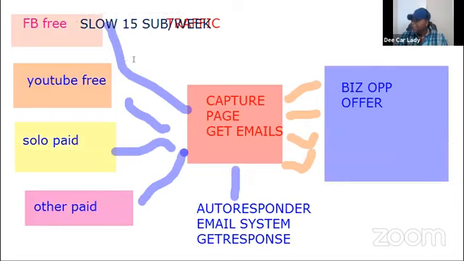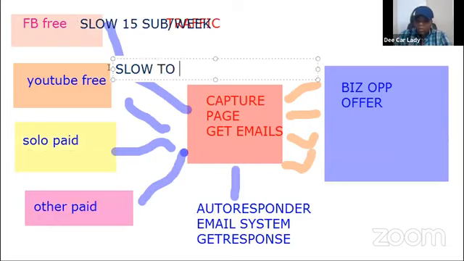Then let's say over here, you have your YouTube free traffic. Now YouTube traffic, even though it's free, comes in slow to medium. It really depends on the size of your channel. If you have a new channel, you may only get like two people to add to your email list.